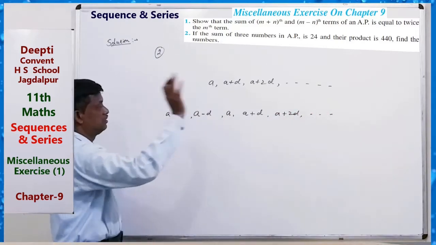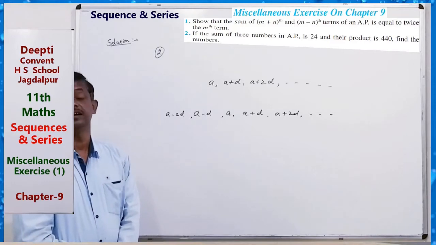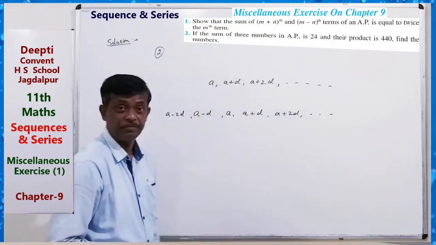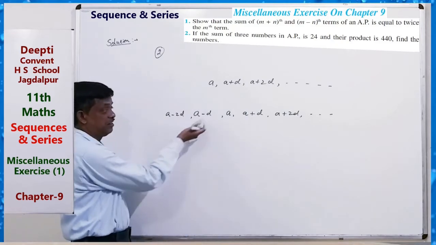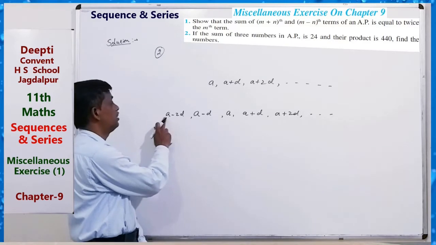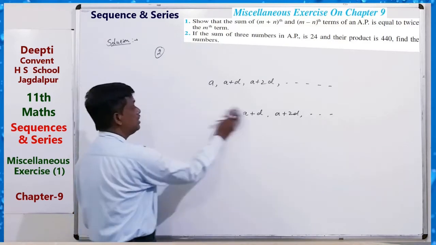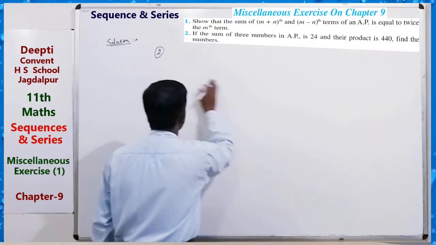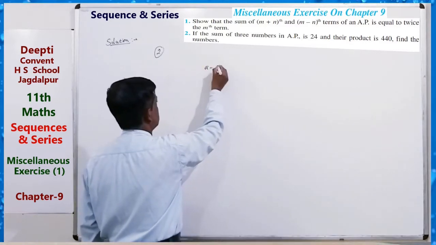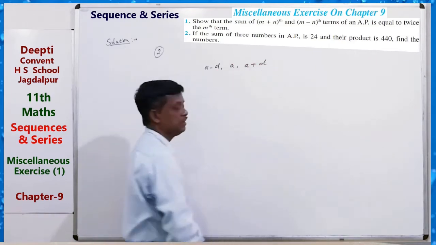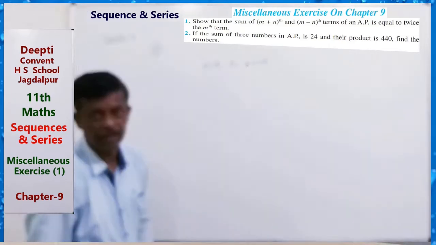In such a way, we can take the terms of an AP. So remember it. Okay. Let this be the general AP, and now we have to find A and D. So for 3 terms, we take the numbers like this: A minus D, A, A plus D. Okay, these are the 3 terms in AP.